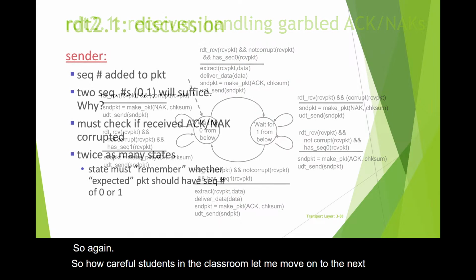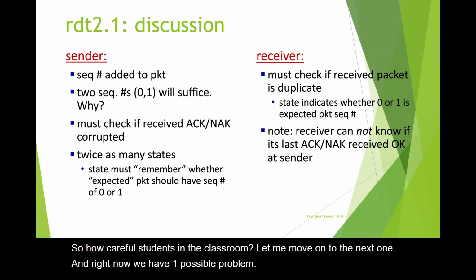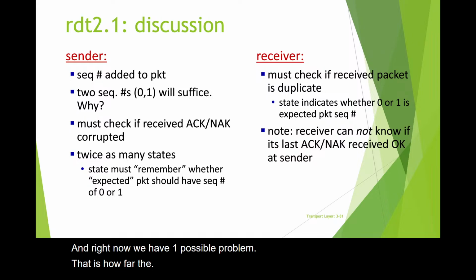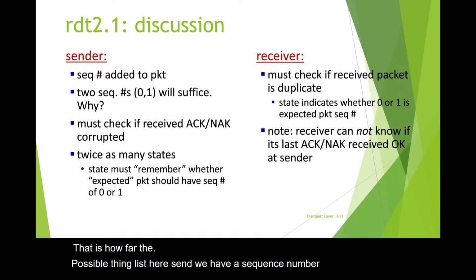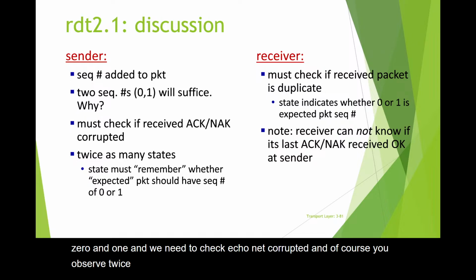And right now we have one possible problem. Let us have the possible things listed here. Sender: we have a sequence number, and we just have 0 and 1, and we need to check for ACK not corrupted. And of course, you observe twice as many states, right?